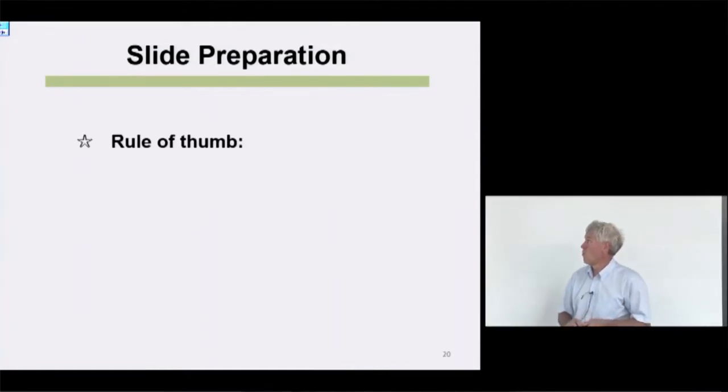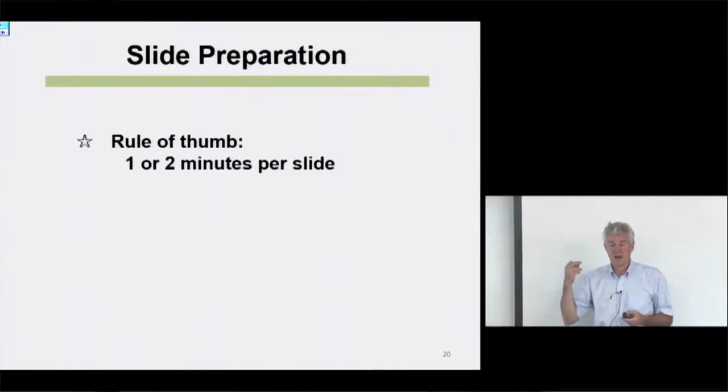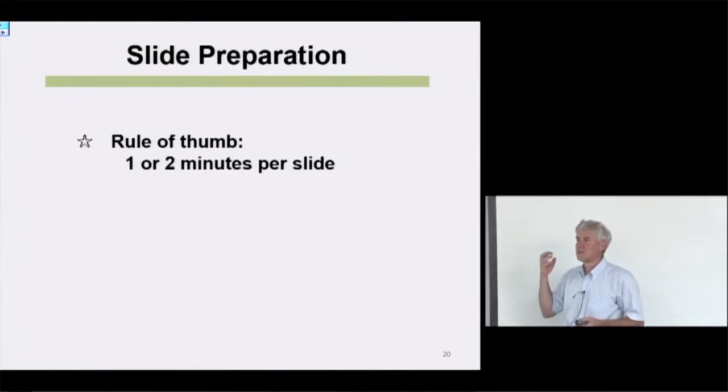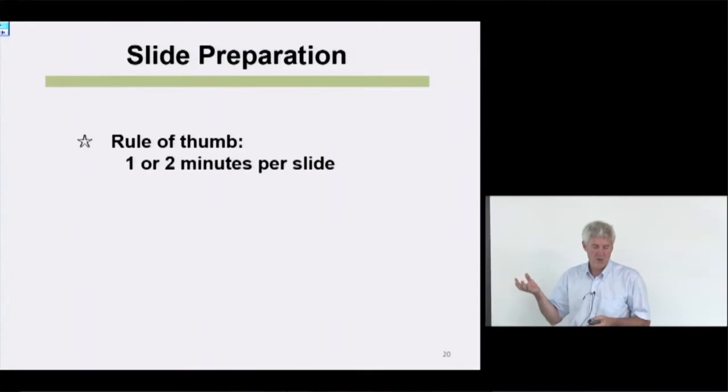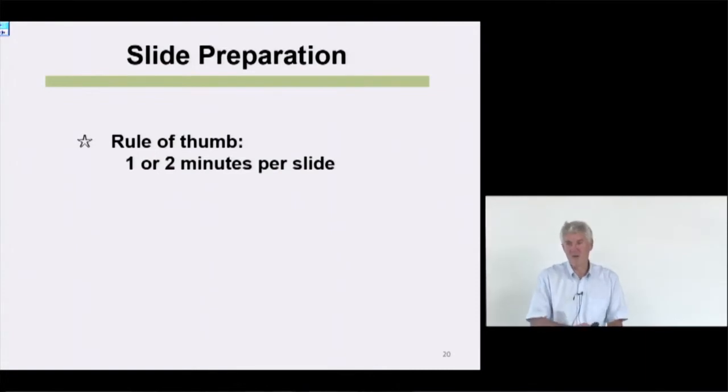Okay. So a rule of thumb is a slide should only be 1 or 2 minutes per slide. For instance, if it's 7 minutes, if you have more than 7 to 10 slides, then the computer gets most of your attention as you're trying to race through the slides.